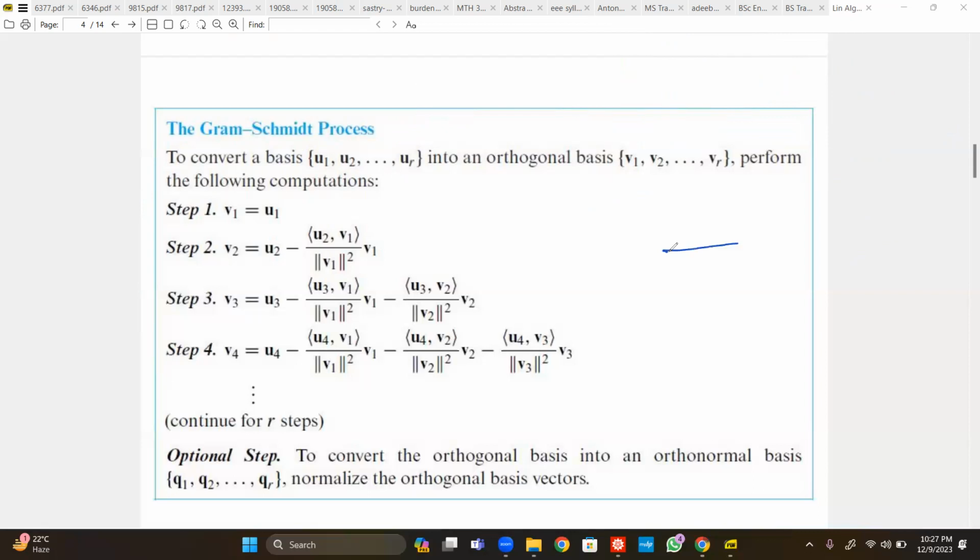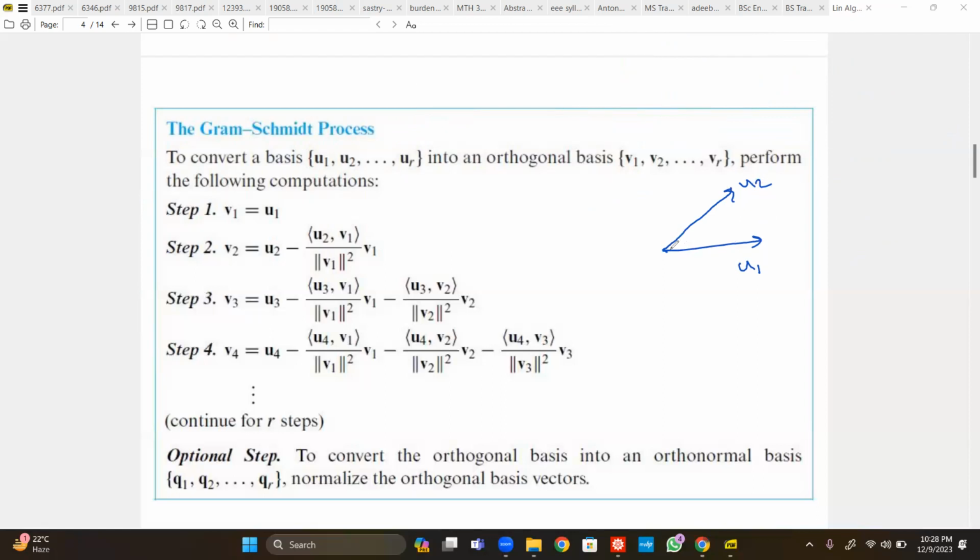For example, say you have a vector U1 and another vector U2, just two vectors. These two vectors are linearly independent because they are not parallel to each other, right? Checking linear independence of only two vectors is pretty easy.